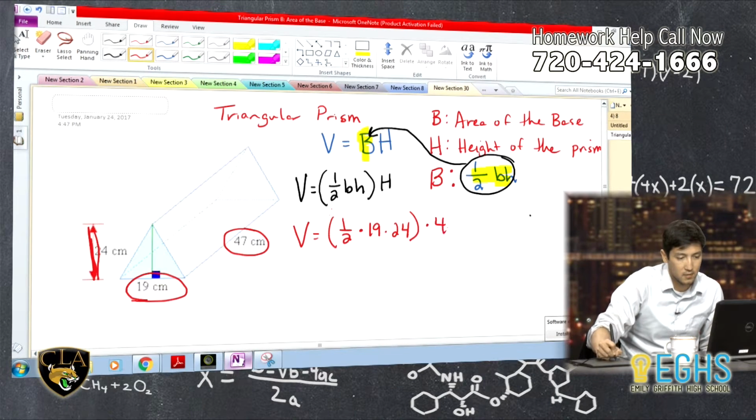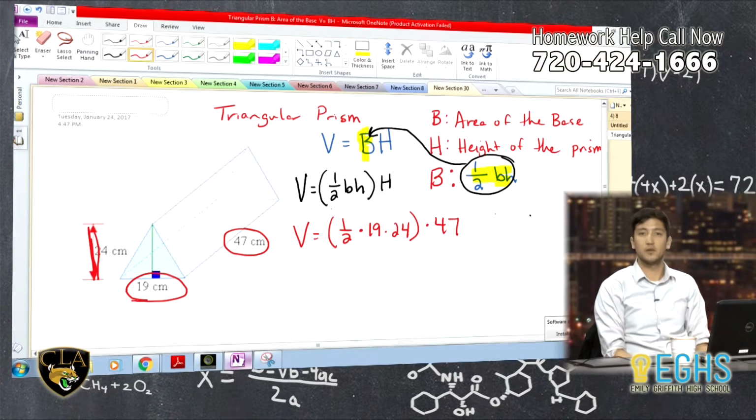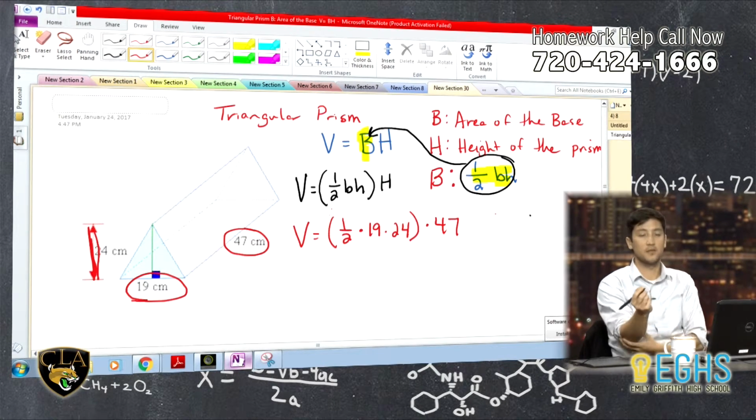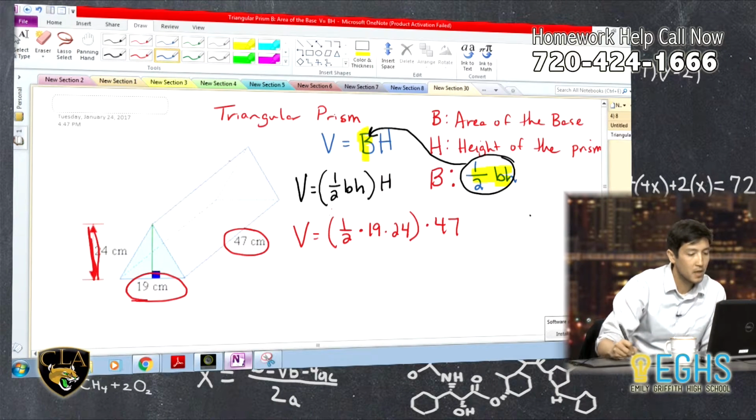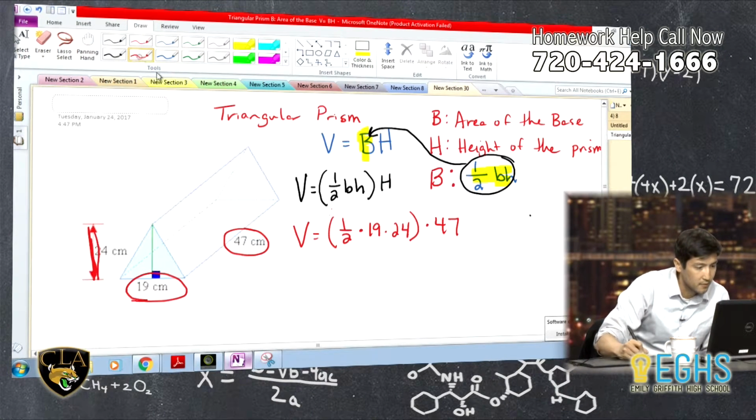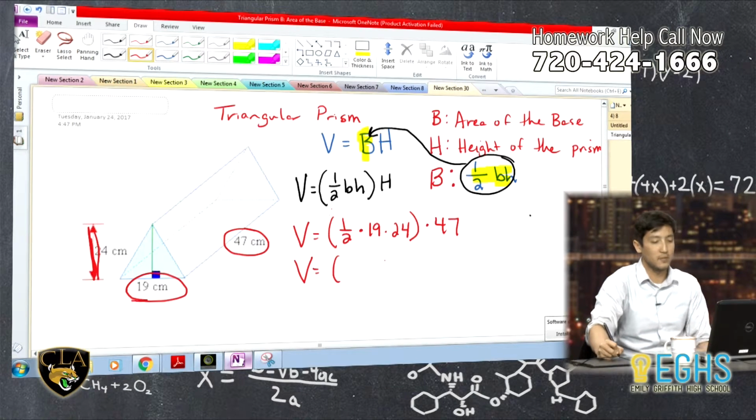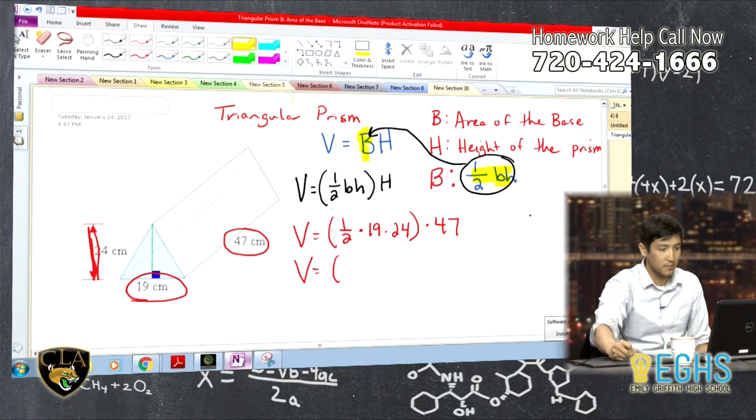So times 47. And then this really just comes back down to simplification using PEMDAS. We're just trying to simplify and figure this out. So we're going to say volume equals, and just a little trick here, anytime you have a fraction in here, think about what you can multiply by easiest. I'm going to do this operation first, because 1/2 of 24 is a lot easier than 1/2 of 19.